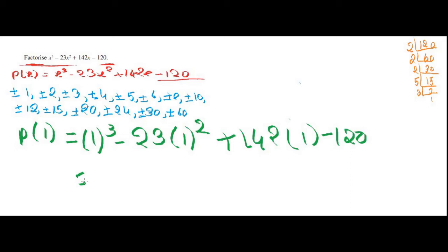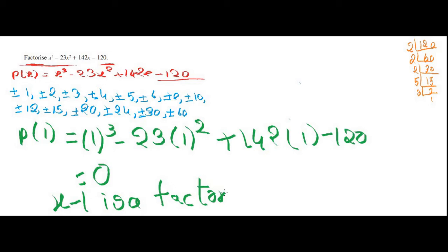If you calculate this, you would get 0. Let's write 0. So p of 1 is 0. We can just write that x minus 1 is a factor of this entire term. Okay, x minus 1 is a factor.